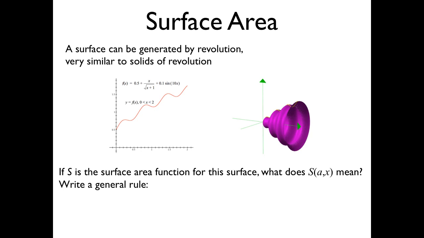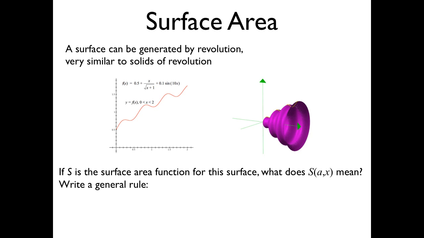Okay, so if S, capital S, we're going to use a little s to mean arc length. Big S, capital S, is going to be surface area, okay? So if S is the surface area function for the surface, what does capital S of a, x mean? First of all, what does it mean?